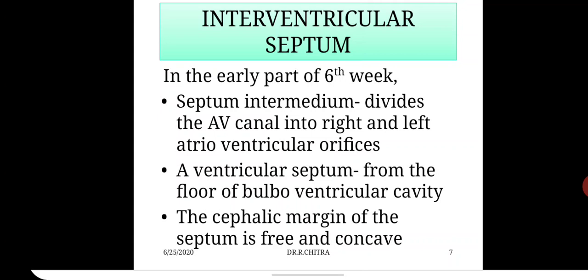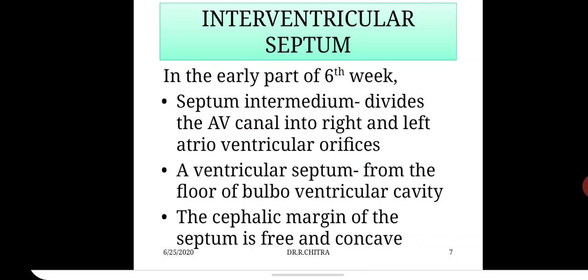The cephalic margin of the septum is free and concave. If you see, this growth of the ventricular septum takes place passively by the dilatation of the bulboventricular cavity on each side of the partition, due to the hemodynamic forces working on the developing heart.